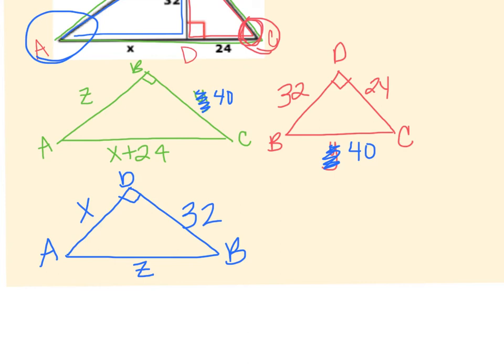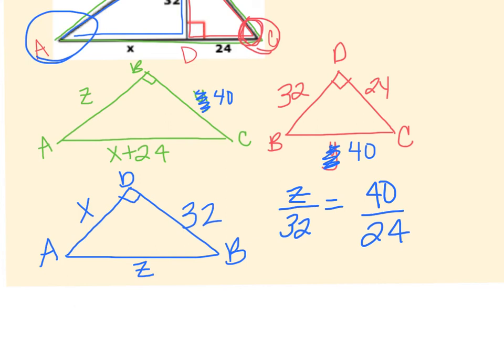So let's see. Okay, if you look at the green and the red, you can go ahead and find Z. And this is how you're going to do it. So Z, the side that corresponds to Z in the red is 32. And then I have to pick 40 and 24 because I don't want to incorporate another variable using AC, because that has an X in it.